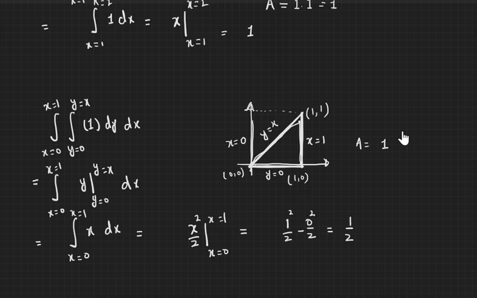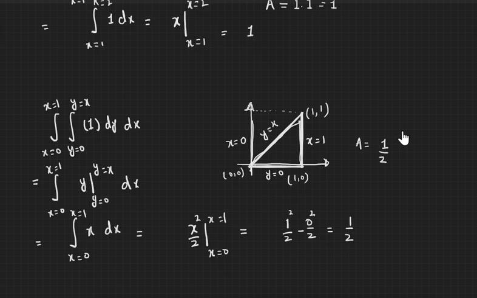Hence, this diagonal divides the square into 2 triangles, with the area of each triangle being half the area of this square, so that should be 1 over 2. So elementary geometry also gives us the same answer as we got using the double integral.